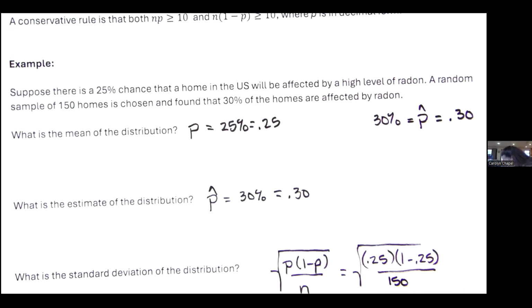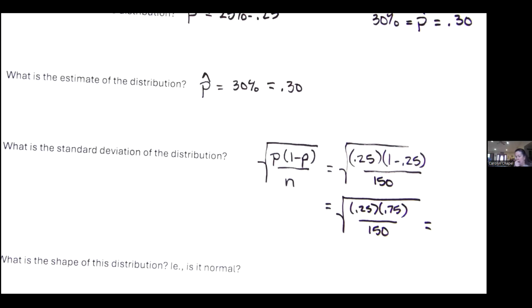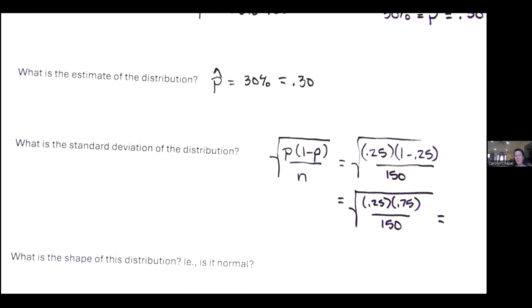So the square root of 0.25 times 0.75 over 150, and I can go to my calculator to get this value. I do have to be a little bit careful when I'm doing this because I need to make sure everything is underneath that square root.